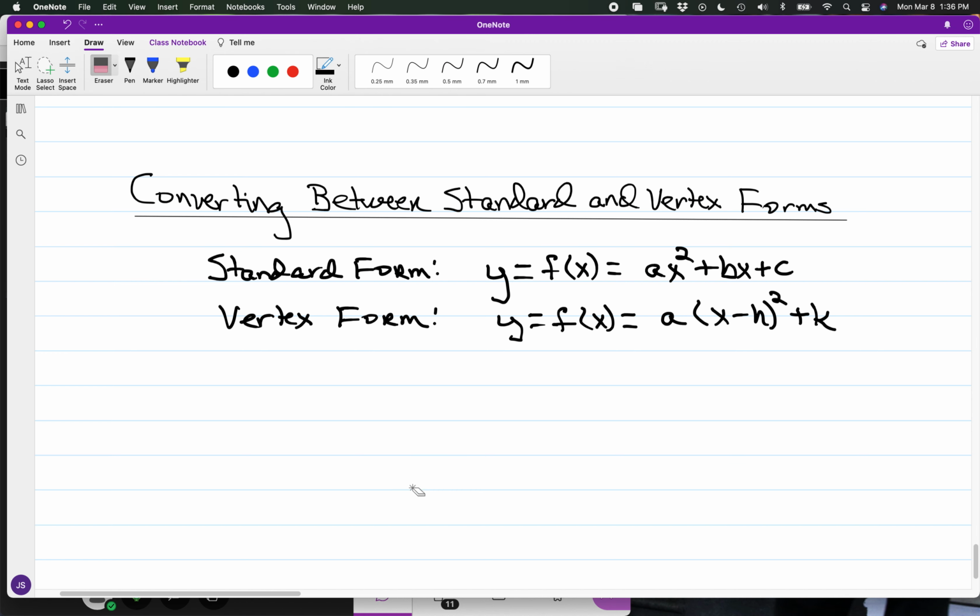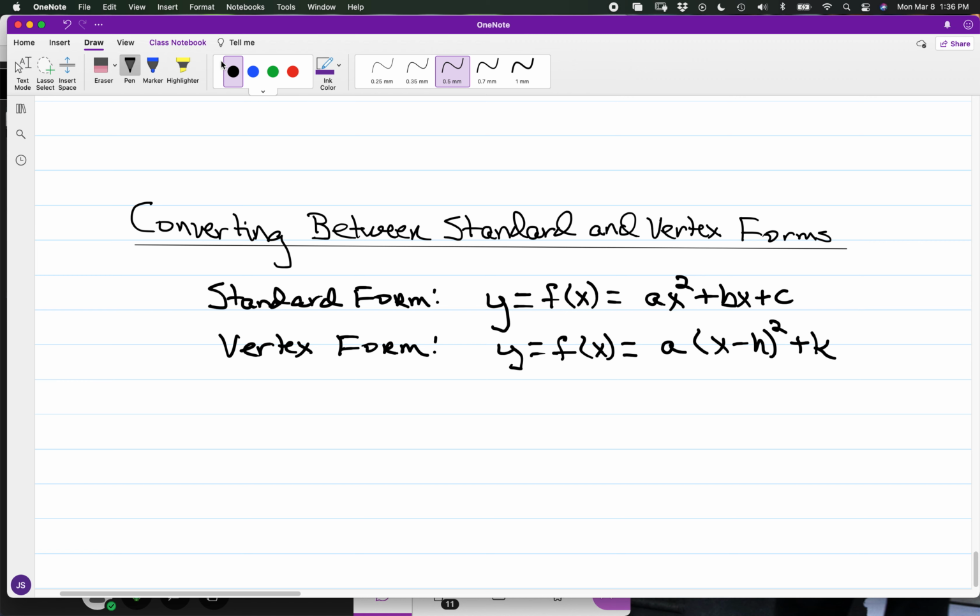And in terms of how these forms correspond, let's say we have an application with something in standard form to convert.